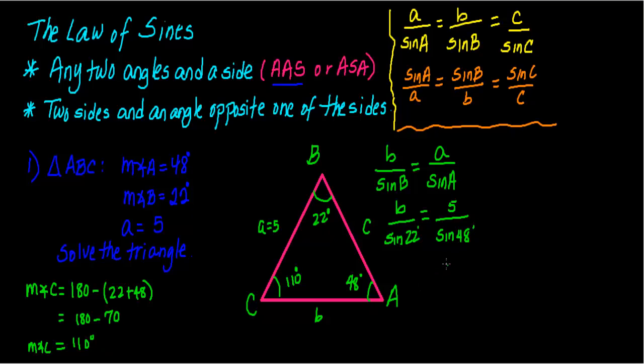Okay? And now we have to isolate B. To isolate B, I can cross multiply sine of 22 times 5, or I can multiply both sides by sine of 22. I like to cross multiply. So B will be equal to 5 times the sine of 22 divided by the sine of 48.